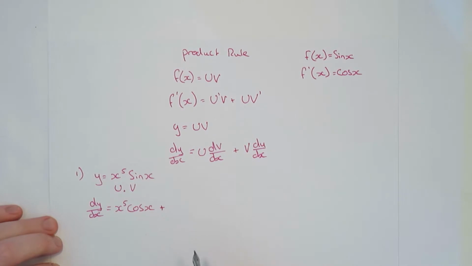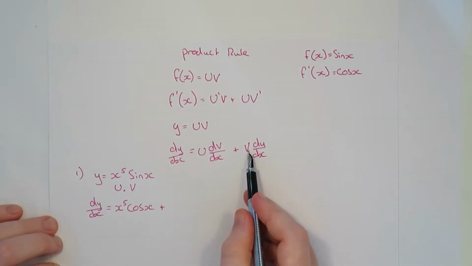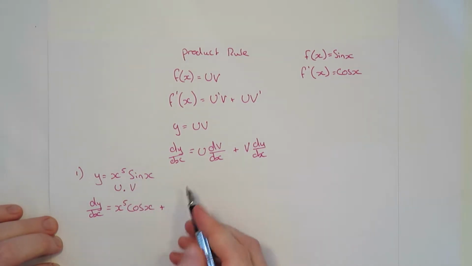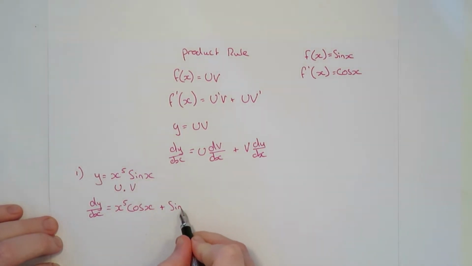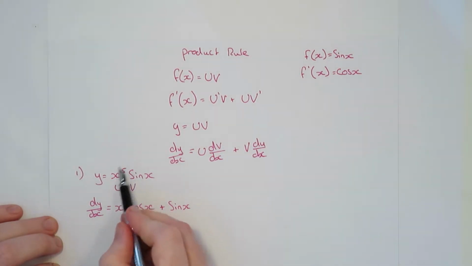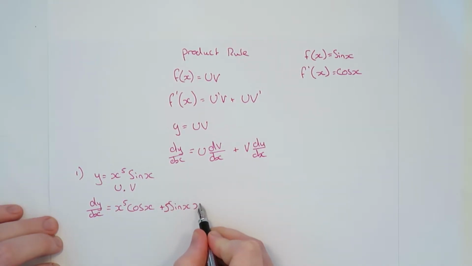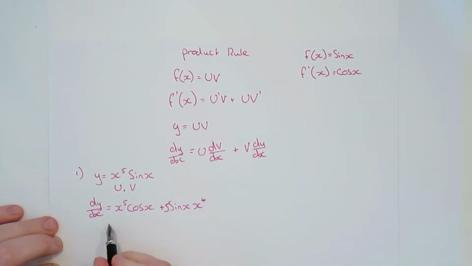And then we add on to that. So we've already done this part, the u dv part. Now we have to do the v du part. So the next one will be sine x multiplied by the derivative of this. Now the derivative of x to the power 5 is 5x to the power of 4. So this is our final answer.